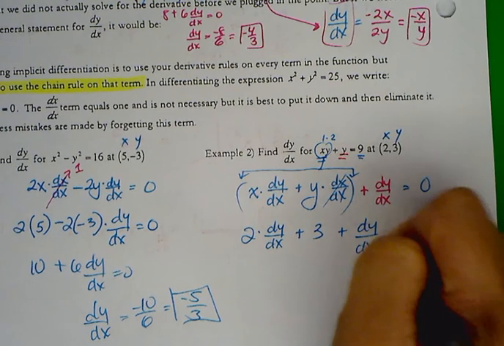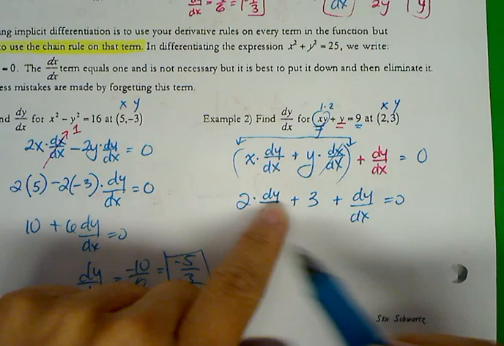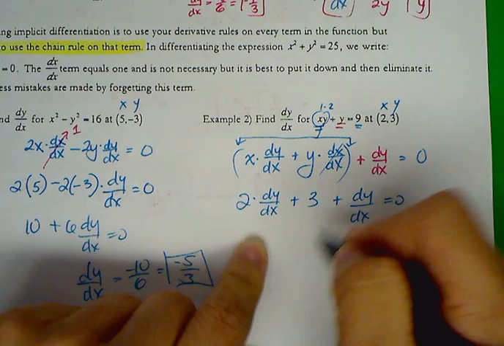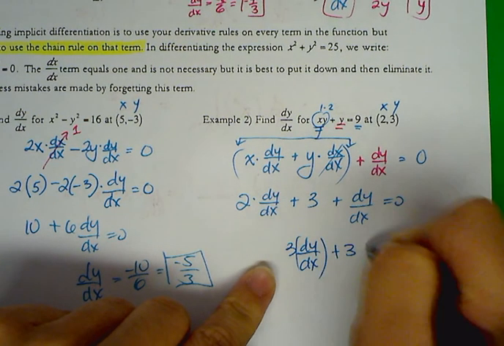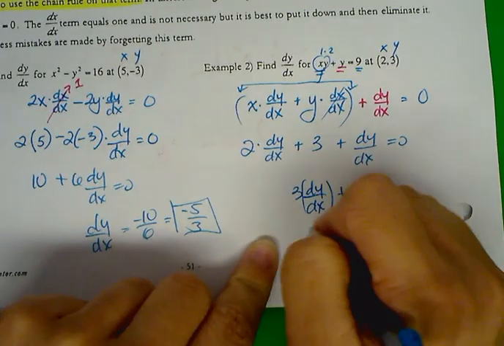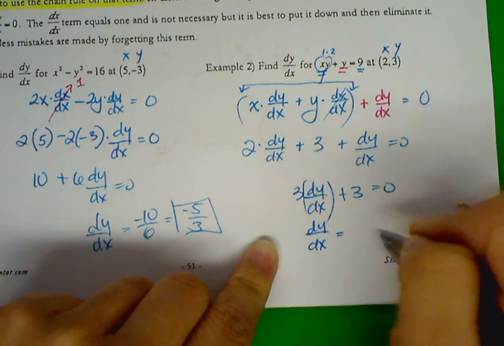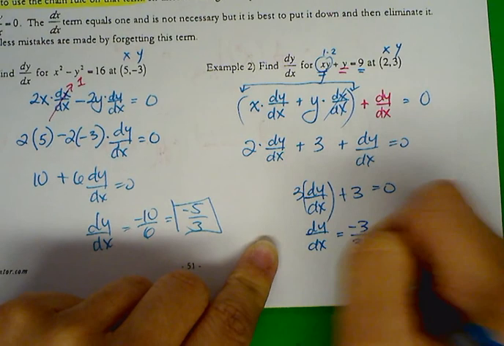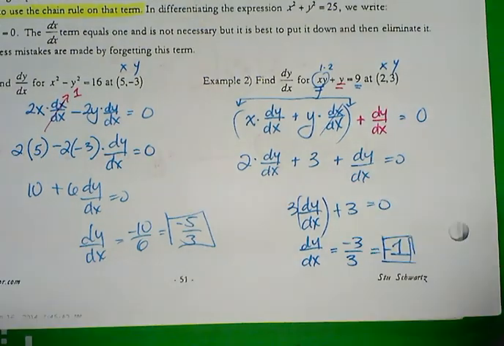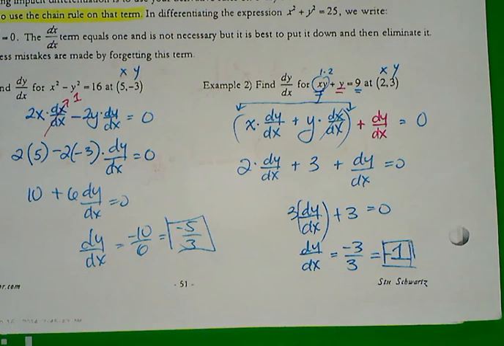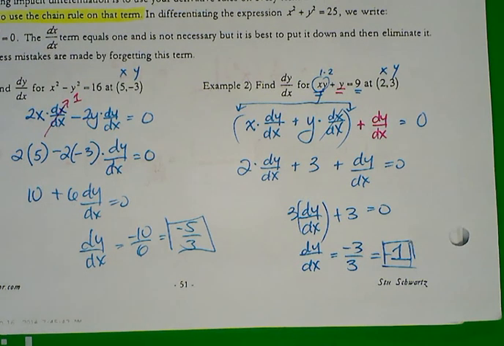Now what? You have 2 dy/dx and 1 dy/dx. So this is 3 dy/dx plus 3 equals 0. So then dy/dx equals negative 3 divided by 3, which is negative 1. That tells you that on this equation, the slope of the tangent is always negative 1.